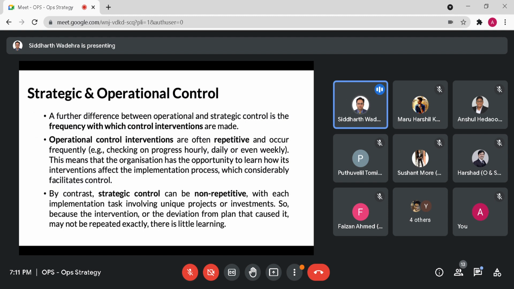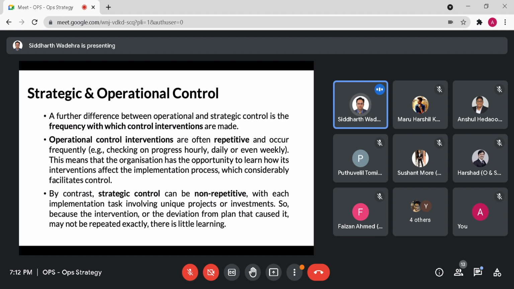All right. So, like I mentioned, there are two aspects to it. Strategic and operational control is different, and strategic and operational monitoring is different. And when we talk about strategic and operational control, there is a further differentiation that occurs. Operational control is typically when you are looking at events that are repetitive in nature.